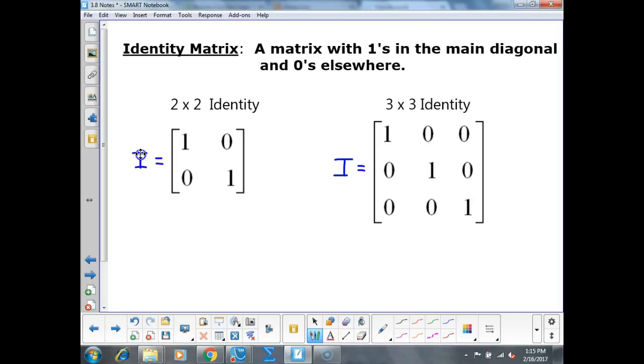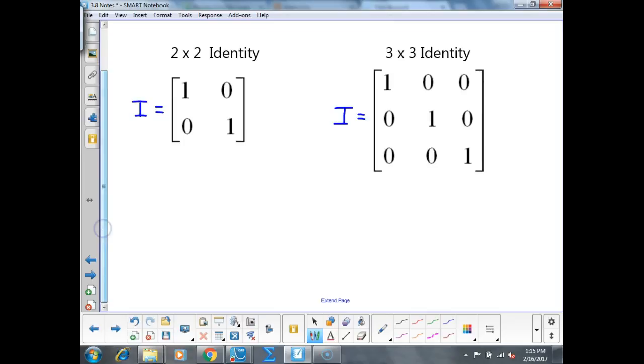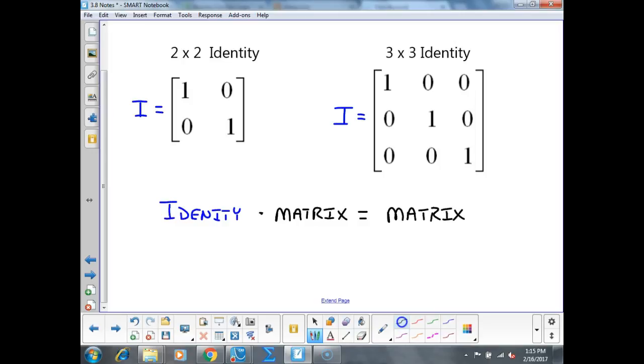Now, the cool thing about the identity matrix is that if I multiply the identity matrix times any old matrix, I'm going to get the matrix back, provided that multiplication can work.